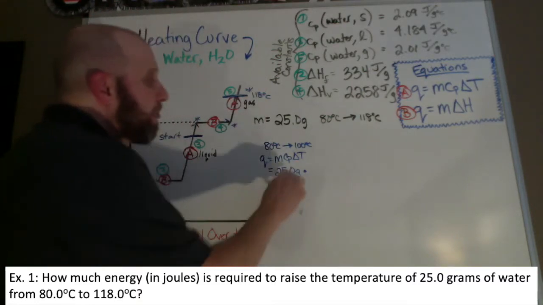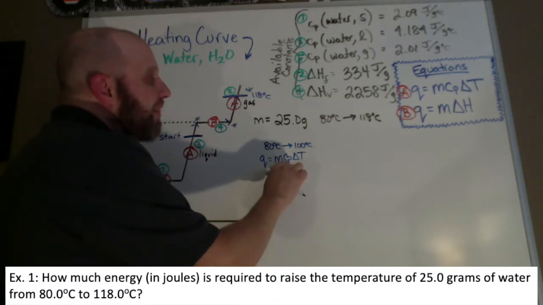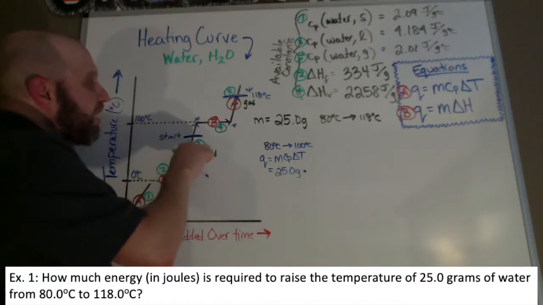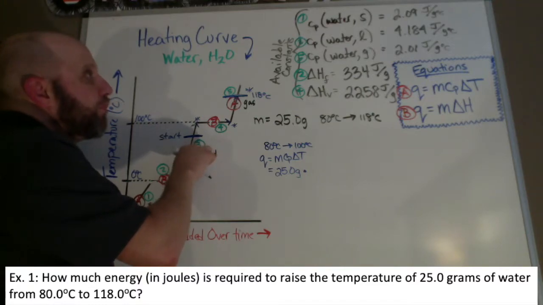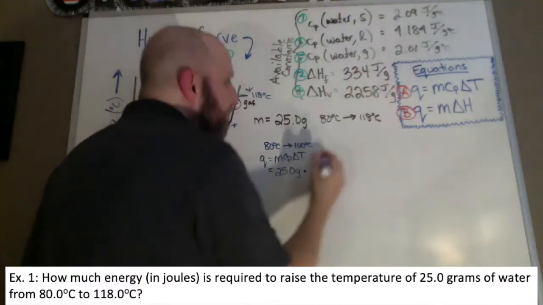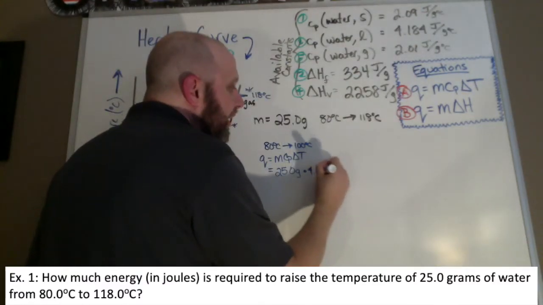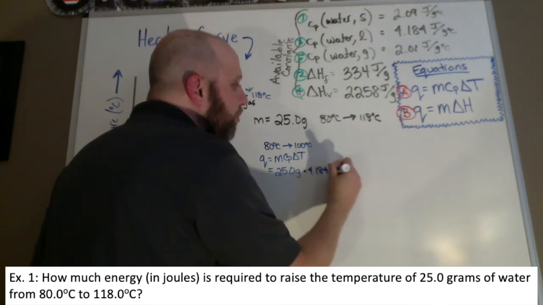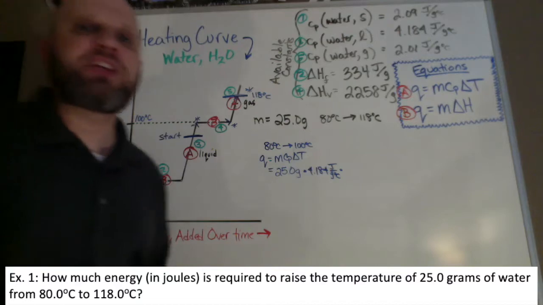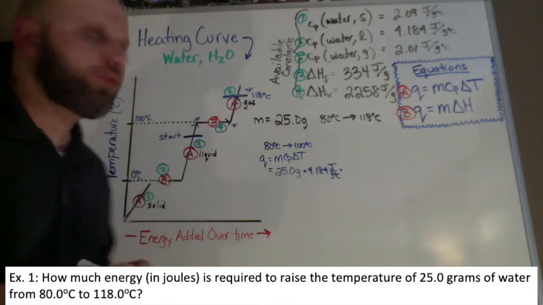The next part, I'm going to multiply that by the Cp. So for this part, notice, I'm going to use the Cp for number 3 because I have liquid water right now. So I'm going to multiply that by 4.184 joules per gram degrees Celsius. And the last part is my change in temperature. And this is where some students sort of get tricked.